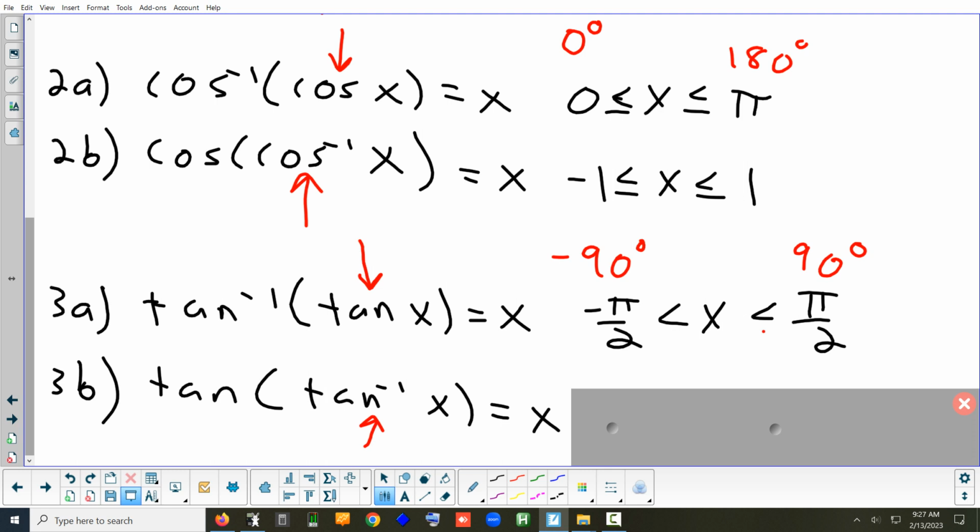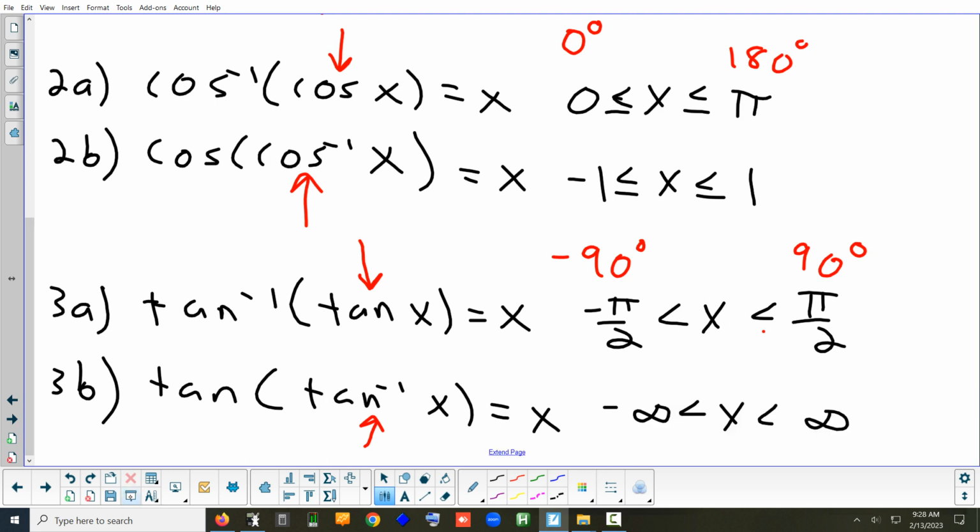If you can't remember it, remember, the domain of inverse is the same as the range of the original. So you can think of either one. It's the same thing, they're just switched. Negative infinity to infinity, or all real numbers.